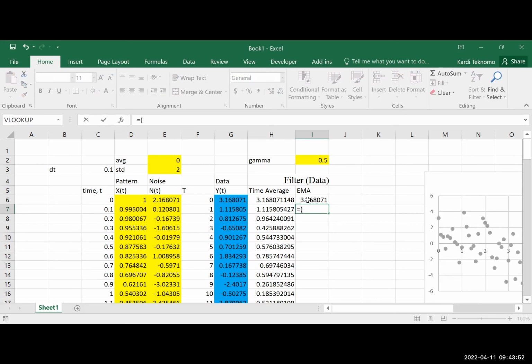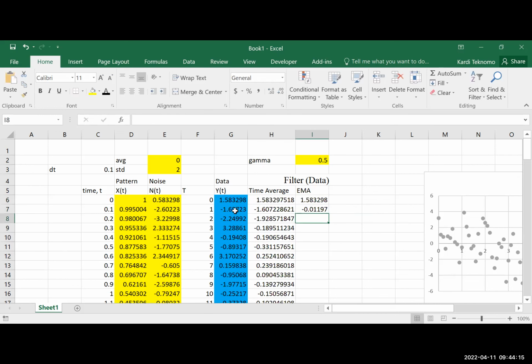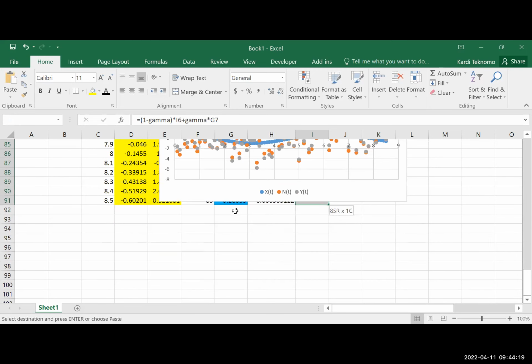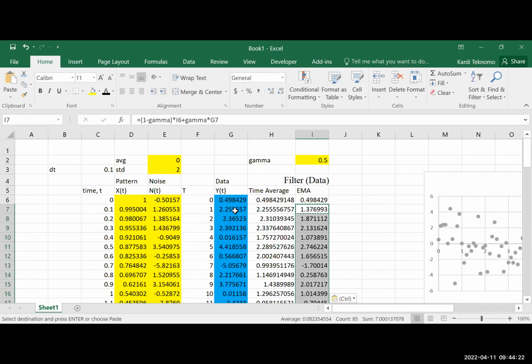Equal 1 minus gamma, multiply by the previous value of the EMA, plus gamma itself multiply by the data, the new data. Is that clear? So then copy down, up to the point, and then you plot again, right?